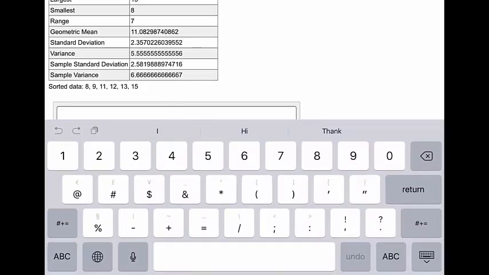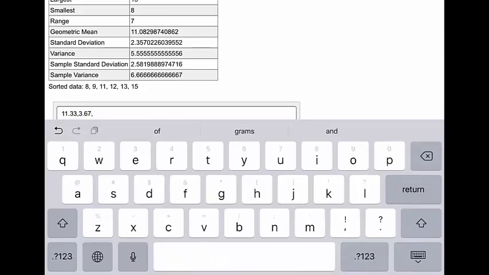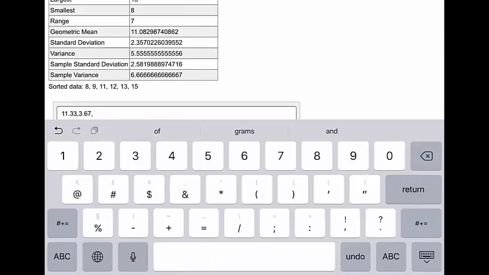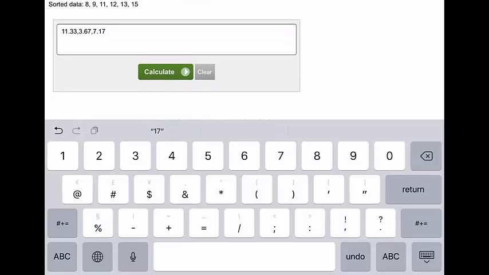Dealing with the means, 11.3 repeating, then group number 2, the exercise group, was a huge decrease, 3.67, the 3 2/3, and finally the last one is 7.17. Done. Let's go ahead and calculate.